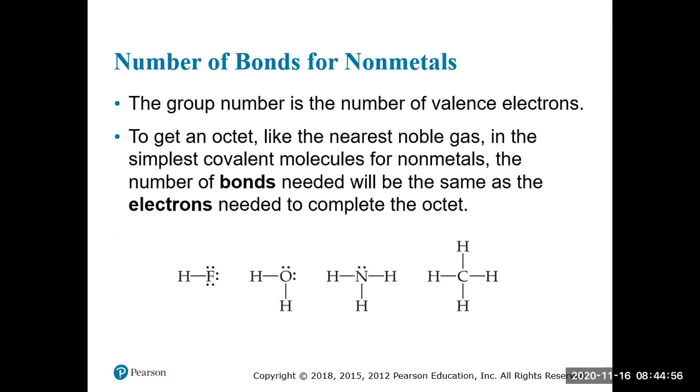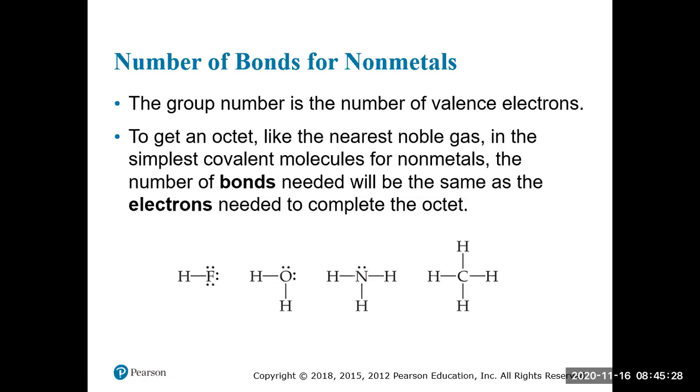We go back to a periodic table, and we were talking about how, especially for the 1A, 2A, 3A, 4A, 5A, 6A, 7A, 8A elements, the number in the group, the number in the column, tells us how many valence electrons that atom has.